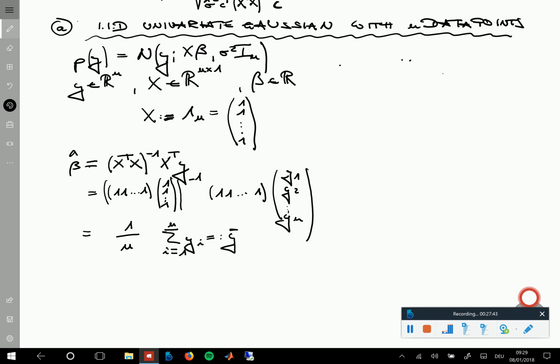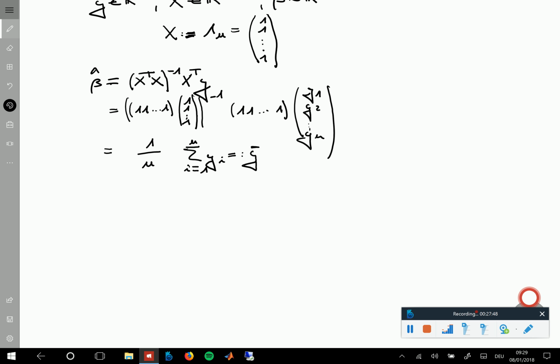And then we can already look at our t-statistic. In general, we have to define what our contrast vector is. So now we set the contrast vector to a single 1. And now we evaluate this in this specific case, leaving out the dependency on beta hat and sigma square.